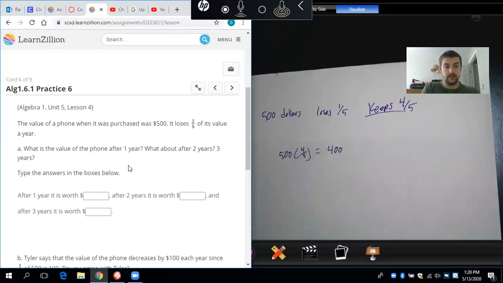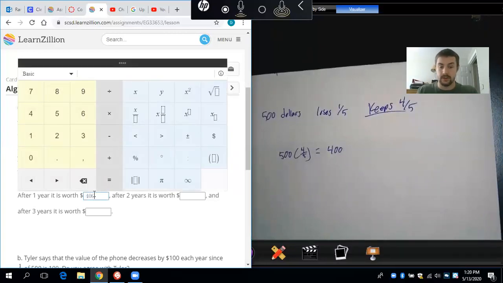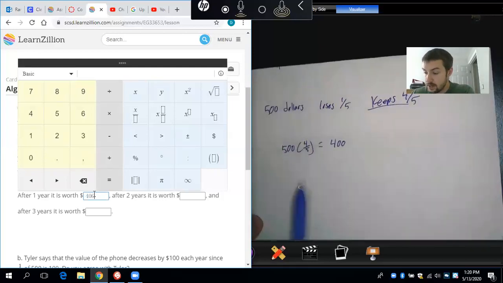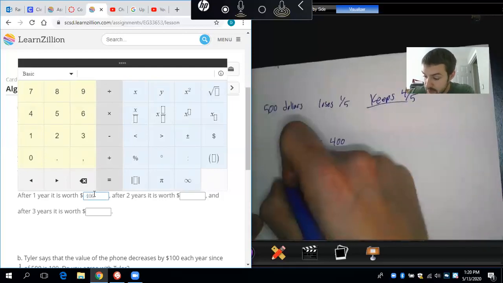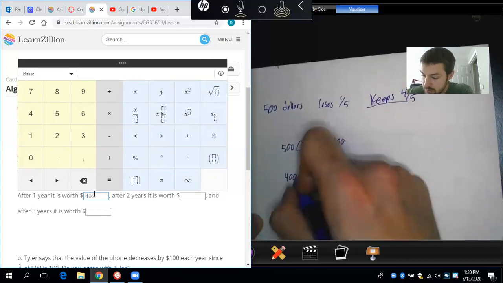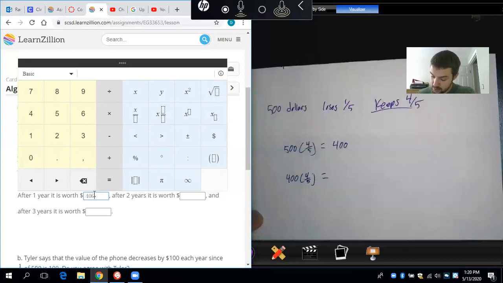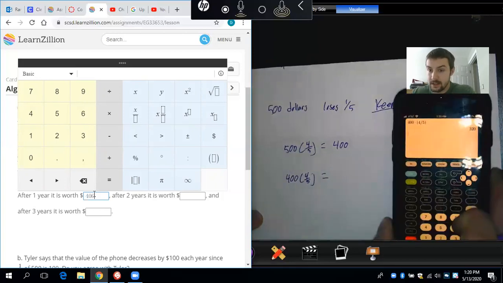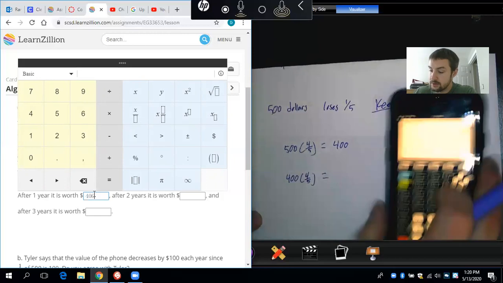So after 1 year, the phone is worth 400. Now, to find how much it's worth after another year, I'm going to take my 400. It's going to keep 4/5 of its value again. So I'm going to do 400 times 4/5. I type that in the calculator, and I'm going to get 320.